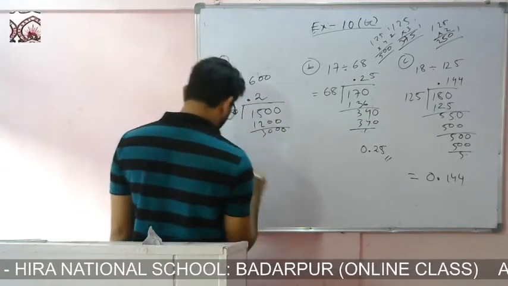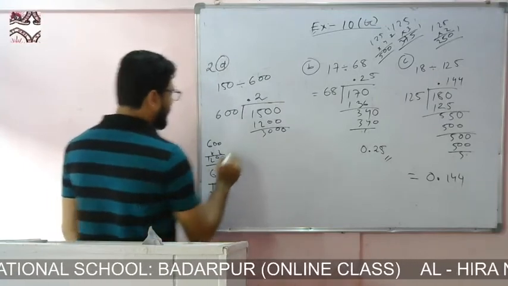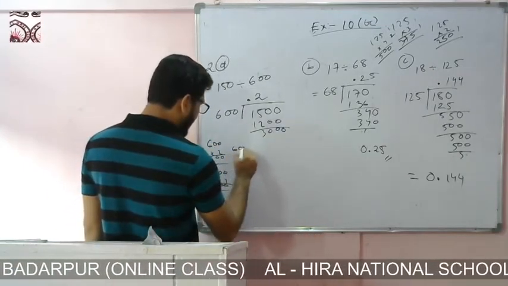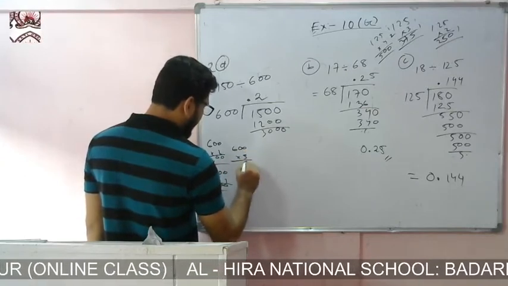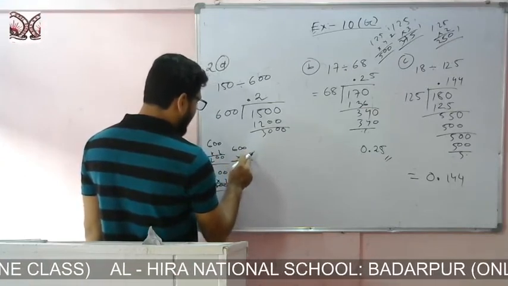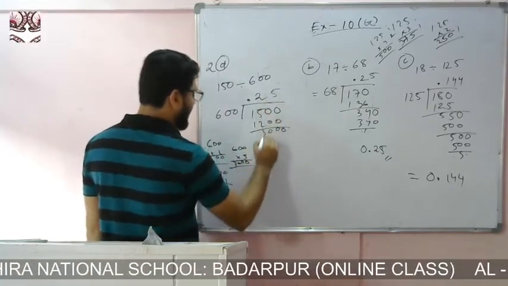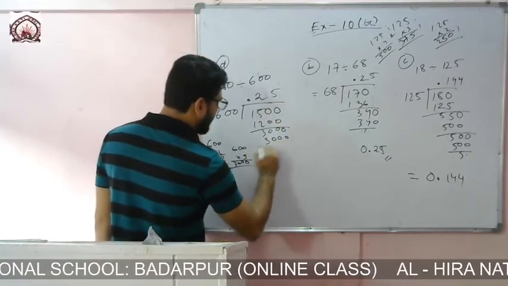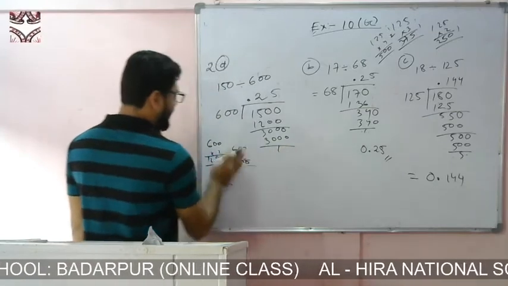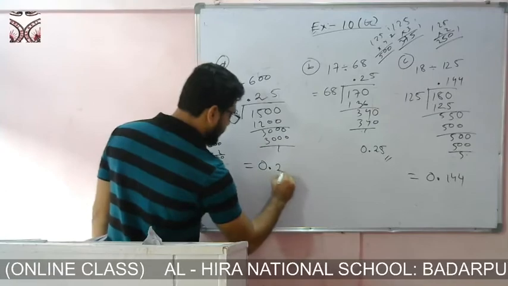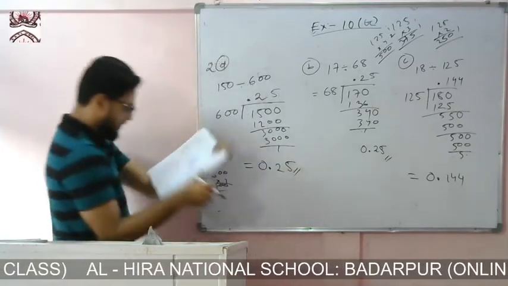We'll take 3. Now let us check with 600 into 5. 5 6 are 30, that means 3000. That means with 5 we are getting 3000. Okay. So you can write 0.25. Okay.